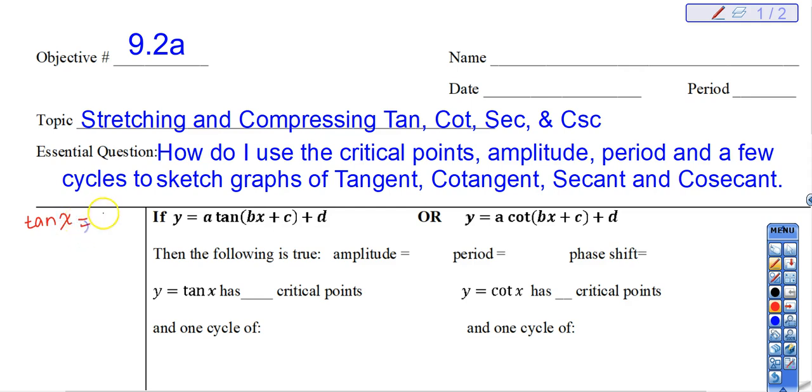Tangent of x, if I decompose it, is the sine of x over the cosine of x. And cotangent of x, decomposed into sine and cosine, is cosine of x over sine of x. And on my unit circle, I can see those values pretty easily.